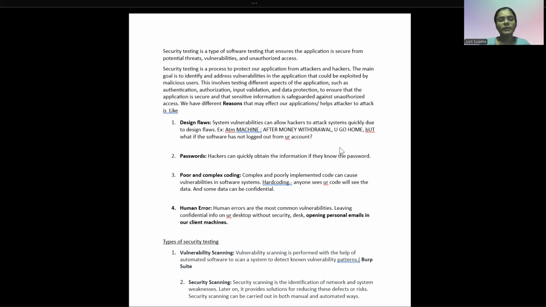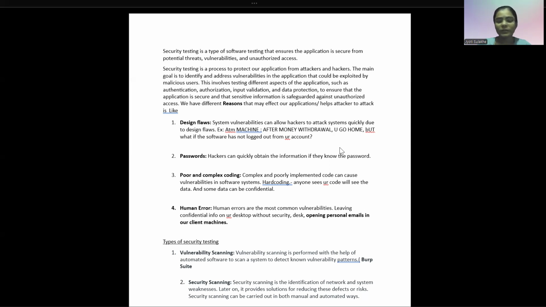The next reason is poor and complex coding. When we do the coding part, if we do hard coding, which means we enter confidential data in our code, that may also help attackers to attack easily. And also human errors.